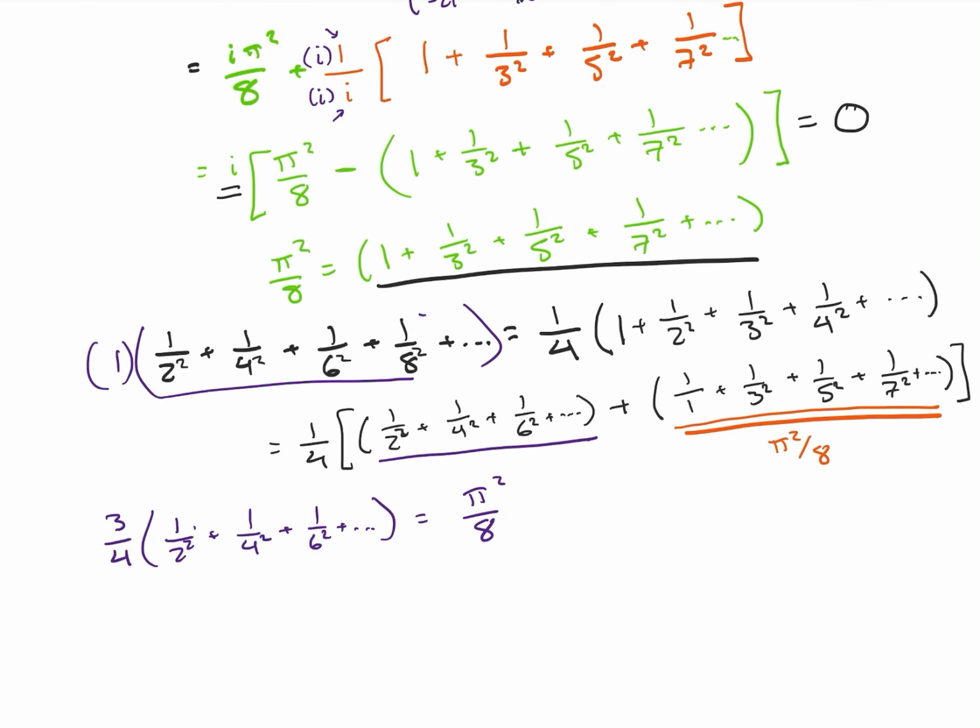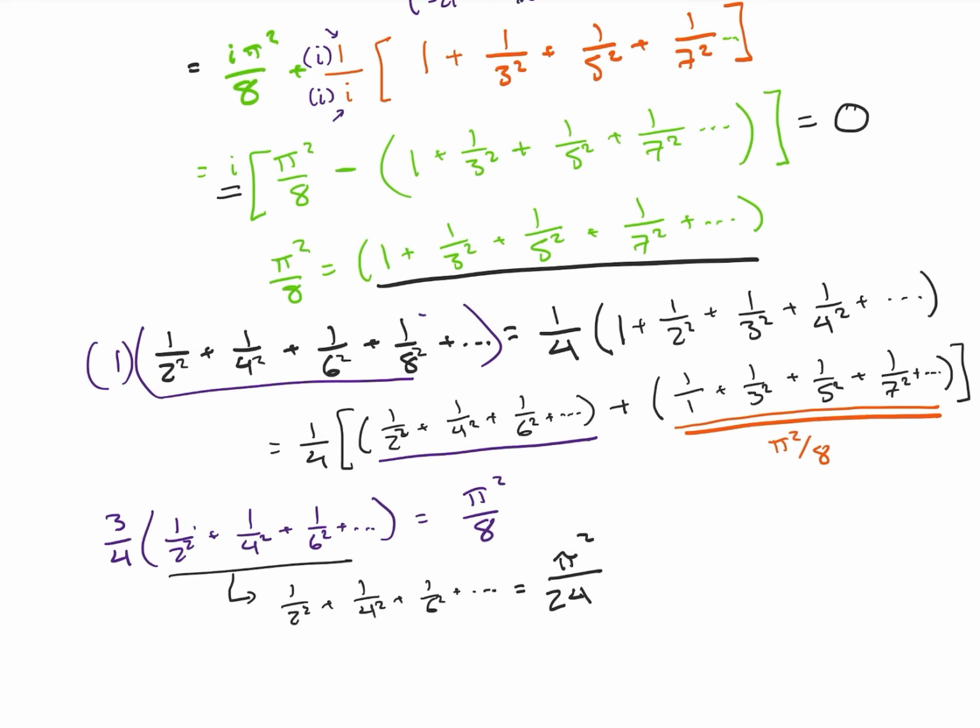So that means that this expression in here, 1 over 2 squared plus 1 over 4 squared, and so on, is going to be equal to pi squared divided by 24.